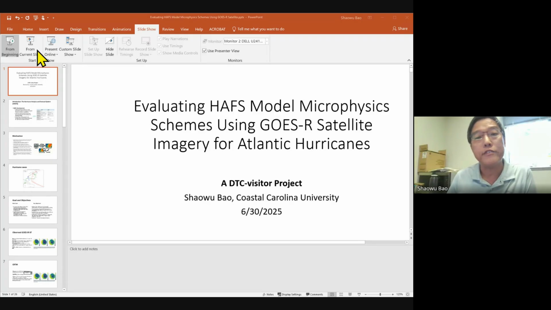One is called HAFS A, and the other is called HAFS B. These two versions are very similar, but the main difference is the microphysics scheme, because HAFS A uses the GFDL single moment scheme, and HAFS B uses the Thompson double moment scheme.